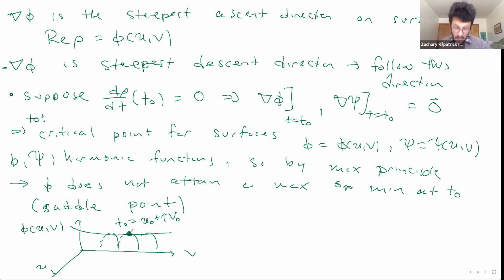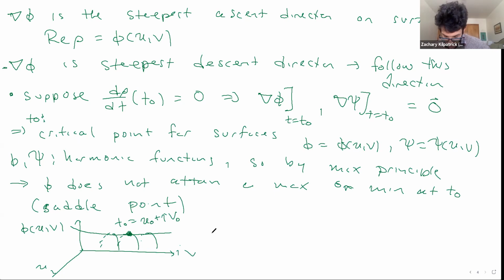This is the point that I want to identify. So rather than identifying a max or stationary phase point, we're looking both in the real and the complex directions. We want to find the particular point that has these surfaces increasing in one direction and falling off in another direction.